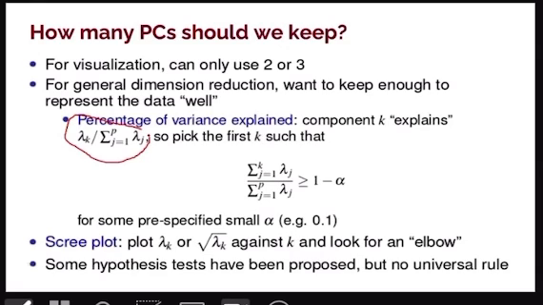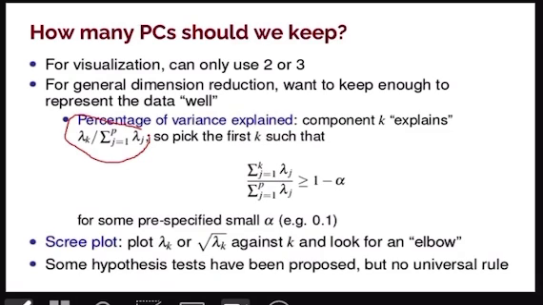If I want to look at a particular principal component and know the percentage of variance explained, don't forget that what we have in the denominator is the addition of all the variances, the total variance.